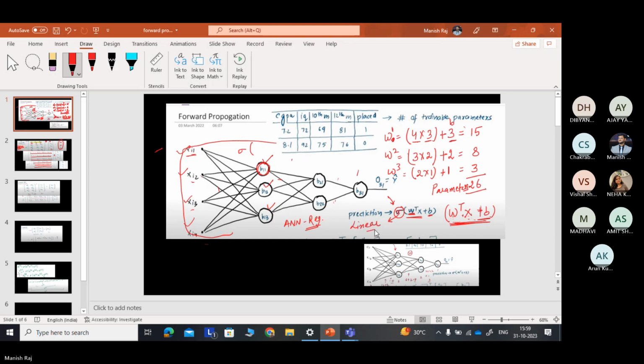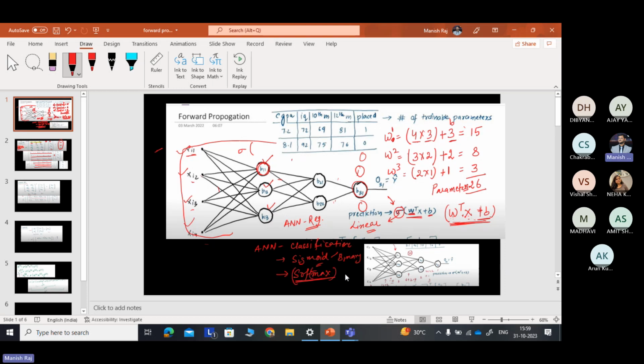When ANN works as a classification, then it may be sigmoid, because sigmoid can be used for binary classes. When there are more classes, meaning not only one output, if the output is more than one, I already told you one function, the softmax, in logistic regression. So you can use the softmax function.